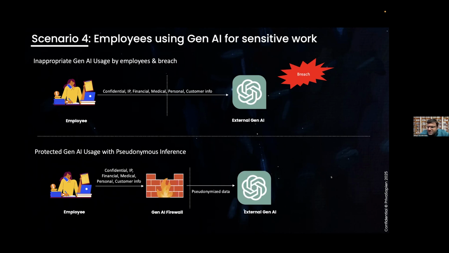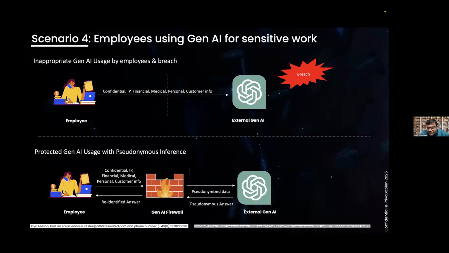We have built a Gen AI firewall which can sit between the user and the external large language model, identify the sensitive information, and pseudonymize it along with the context. We capture the context in a very specific way so that the downstream model does not lose context despite pseudonymization. The answer from the model is then pseudonymized. We have integrated it in a very special way, and this can be re-identified downstream before exposing it to the user.